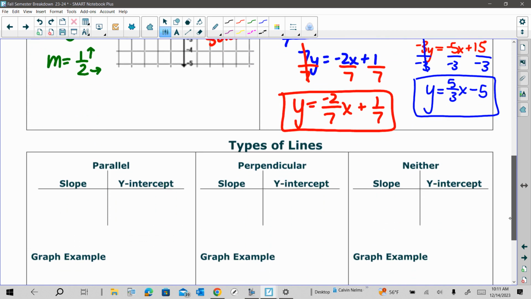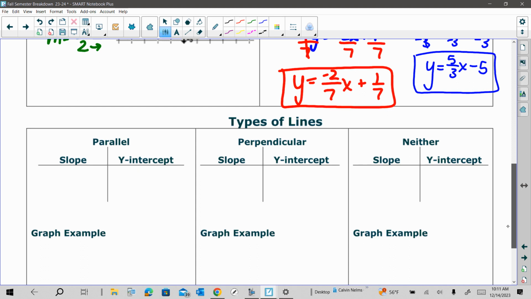Okay, so for your types of lines, we need you to make sure you understand parallel, perpendicular, neither. If it's parallel, they have the same slope, but a different y-intercept. So the slope is the same, but the y-intercept is different.